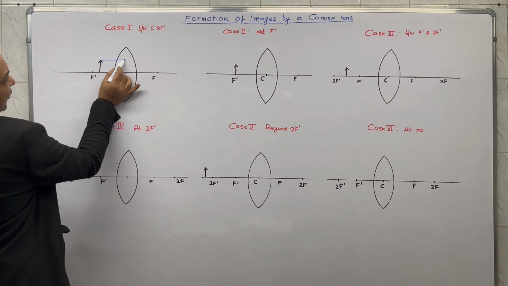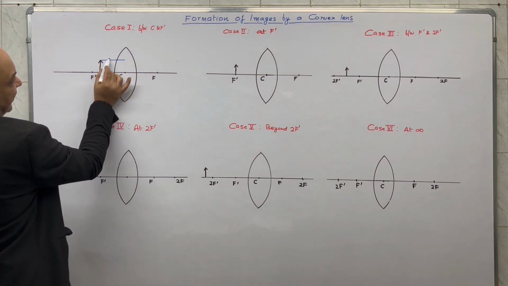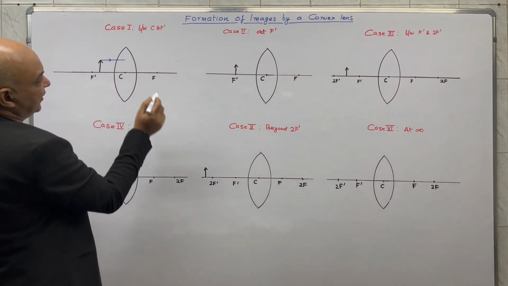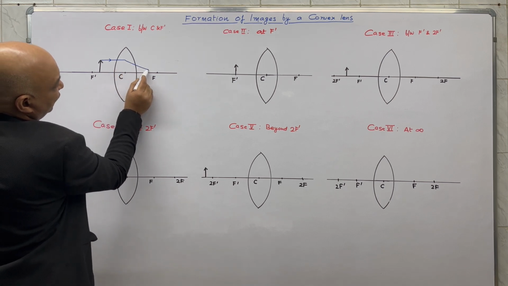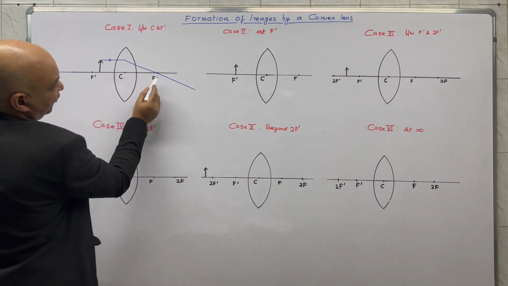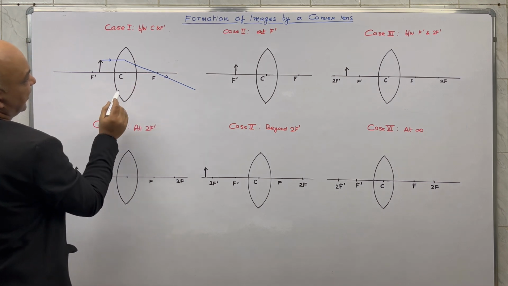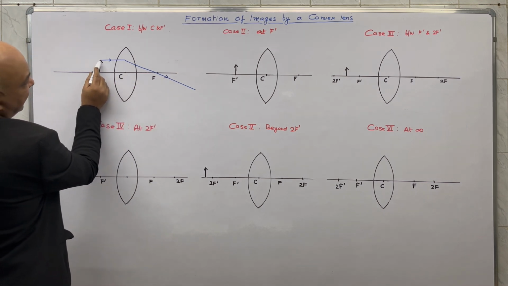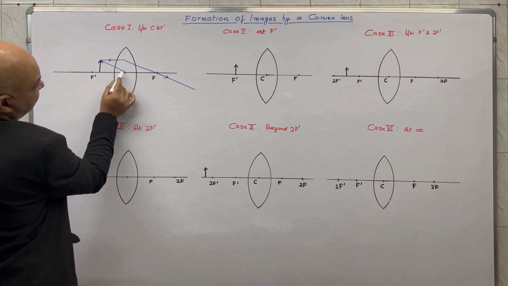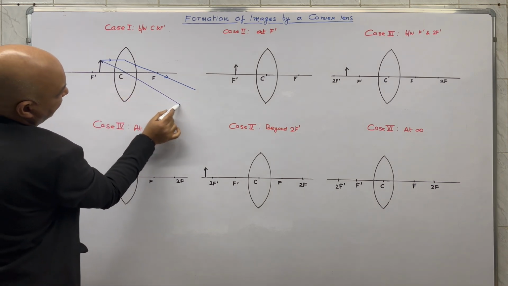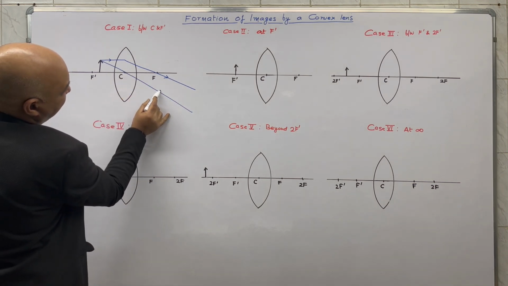First ray, which is parallel to the principal axis, after refraction passes through principal focus, and another ray I am taking passing through C goes undeviated.